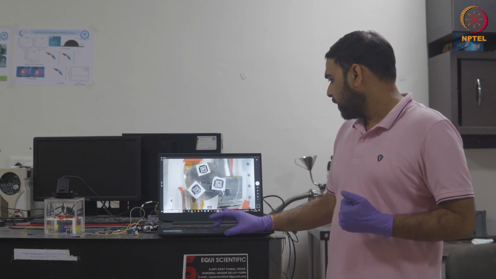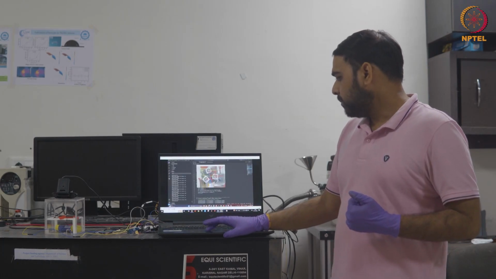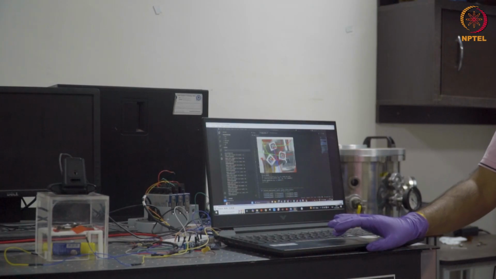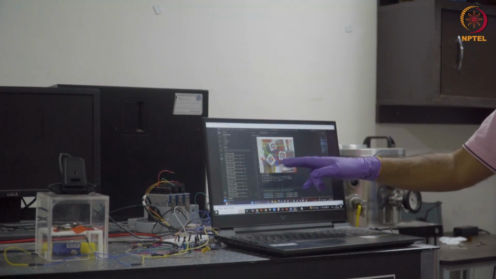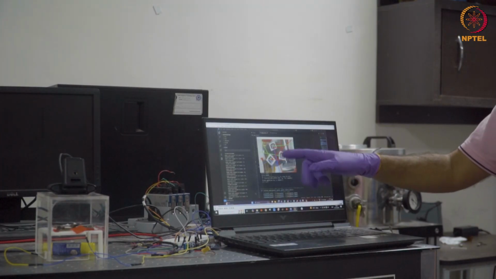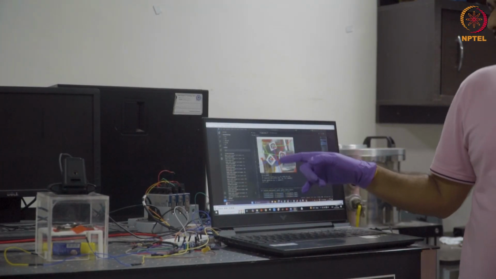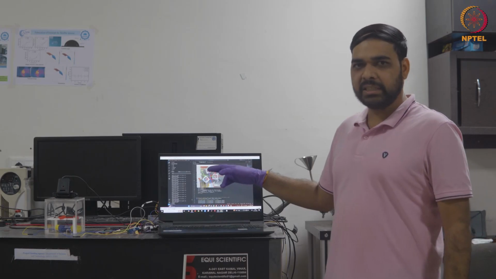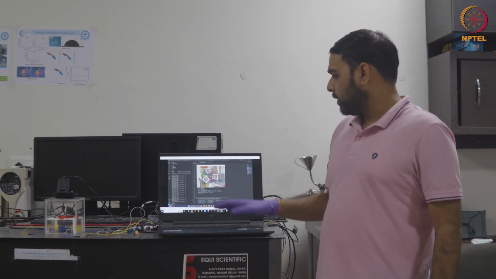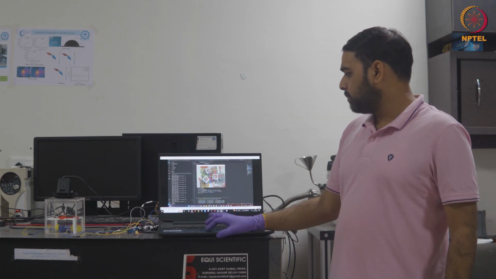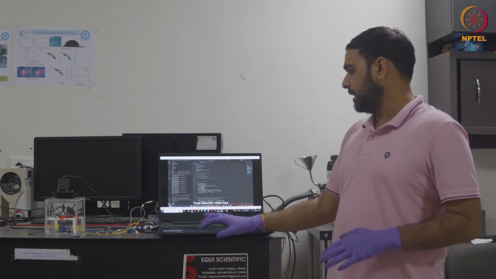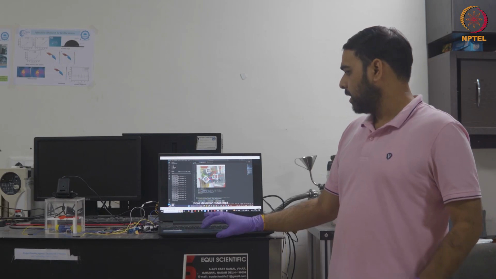Like here you can see, when our mirror is moving, the x and y positions are changing. These red, blue and green lines are the x, y and z axes of the ArUco markers, and as our mirror is moving, these positions are also changing and our angles are changing here.